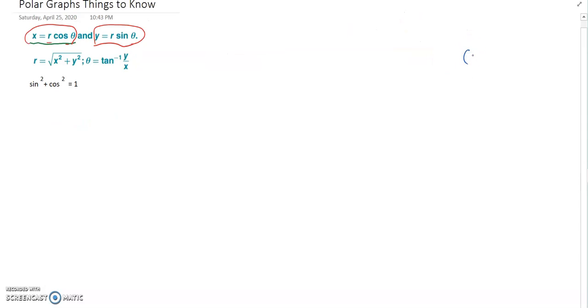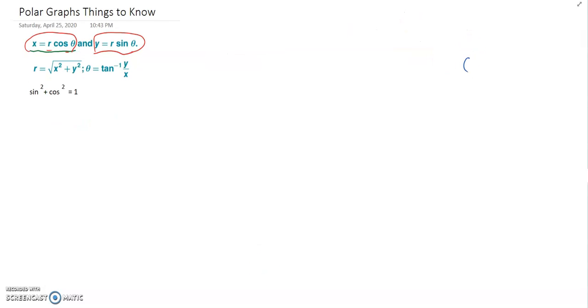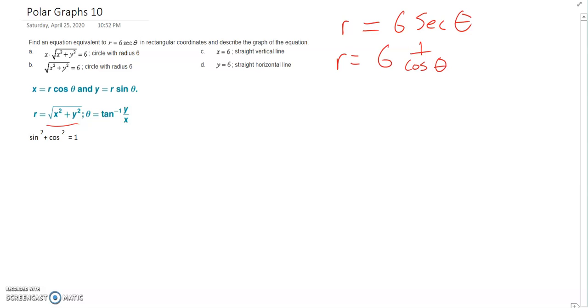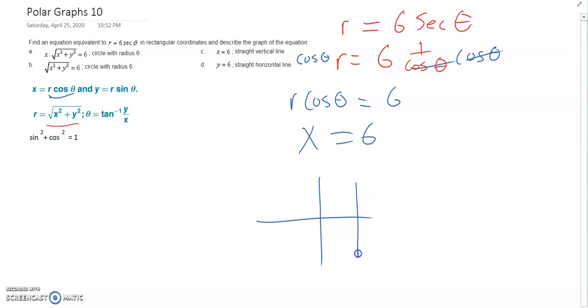So if I multiply both sides by cosine, I get r cosine of theta equals 6, and r cosine theta can very easily be replaced with x. So that's just going to be a vertical line at x equals 6. Oh, that one was actually really easy. Straight vertical line. Yeah, should be answer choice C on there.